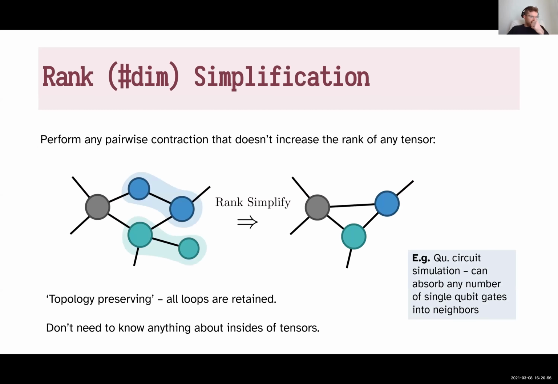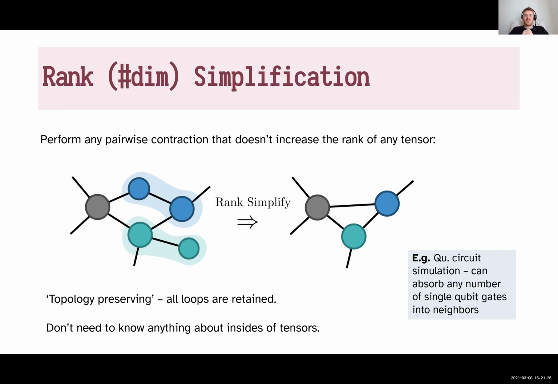So the basic simplification that doesn't involve what's inside the tensors is this rank simplification. When I say rank here, I really mean just the order of the tensors, the number of dimensions. So here you can take your very large graph of tensors, and you can just very quickly iterate over all of the tensors and find any pairwise contractions that don't produce larger rank tensors than the two inputs.